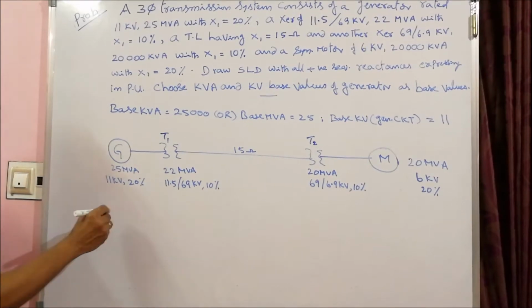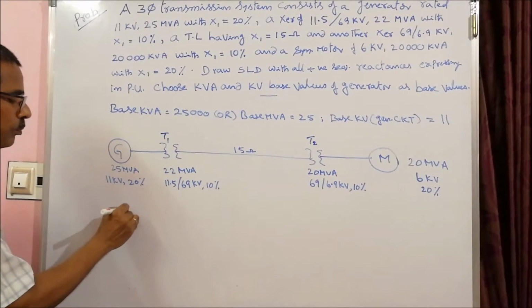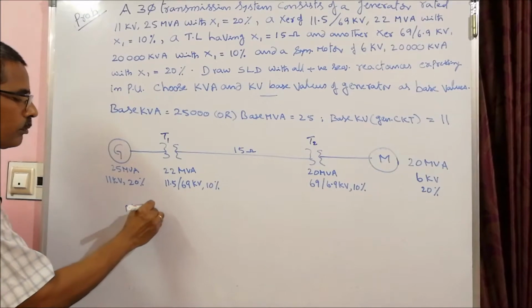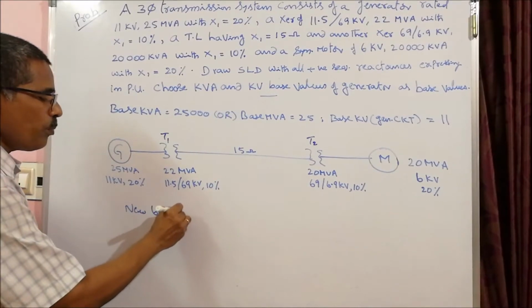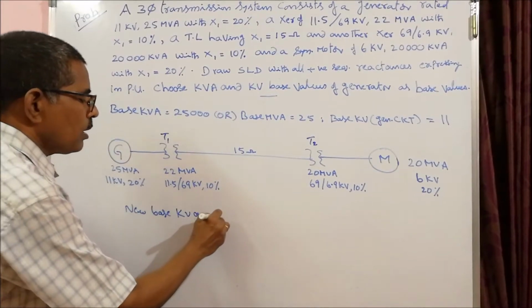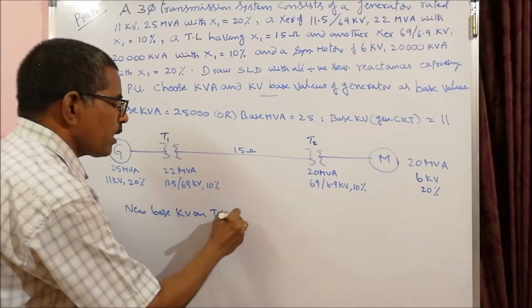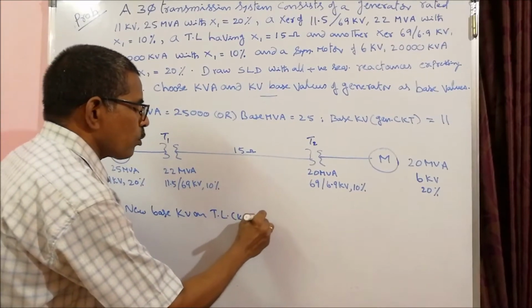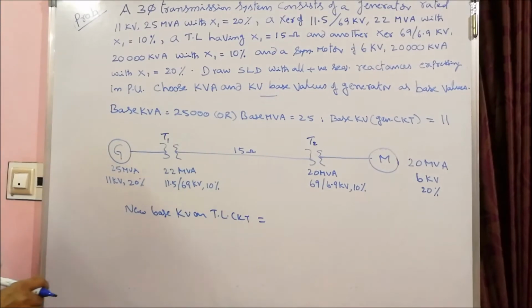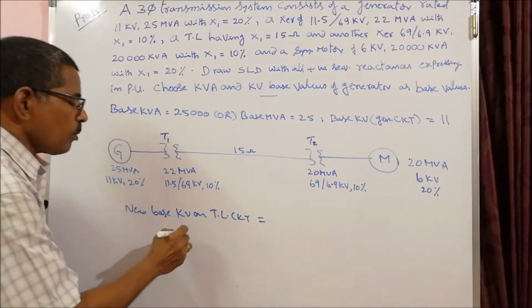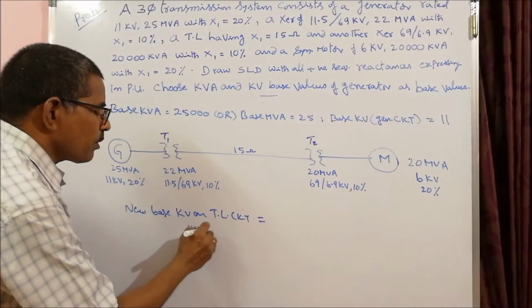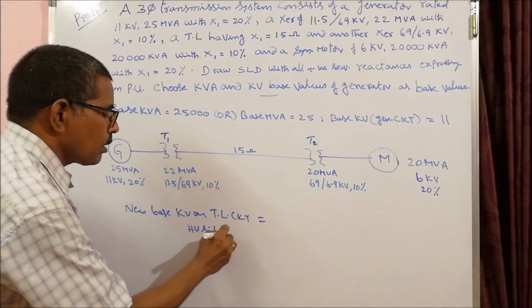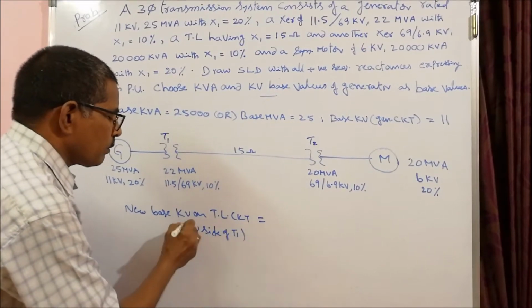So calculate the new base kV on the transmission line circuit. How do you get this? This is nothing but the HV side of T1.